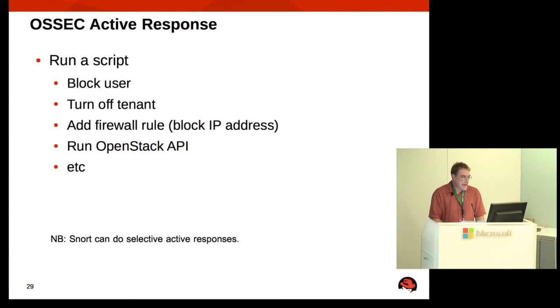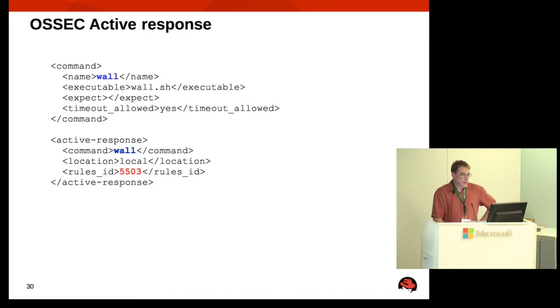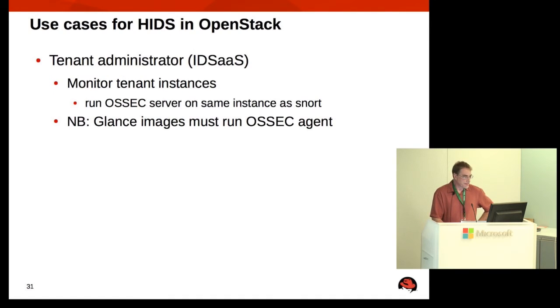The open source HIDS that's most well known that I've come across is called OSSEC. And it's very nice because it can aggregate logs from multiple sources, and it knows how to parse logs from different sources. So Snort logs, var log messages logs, web application firewall logs, like you might be using for an Apache server.